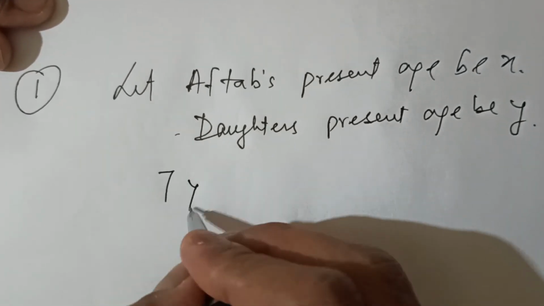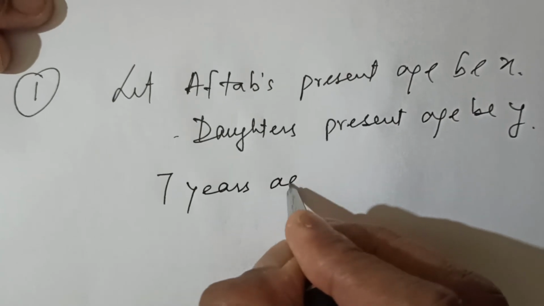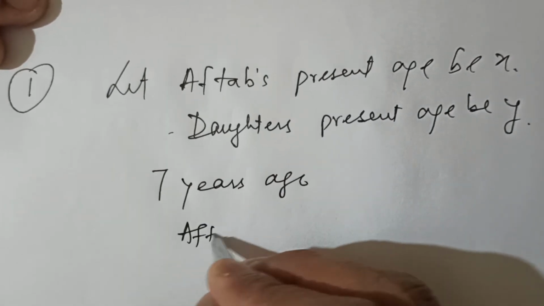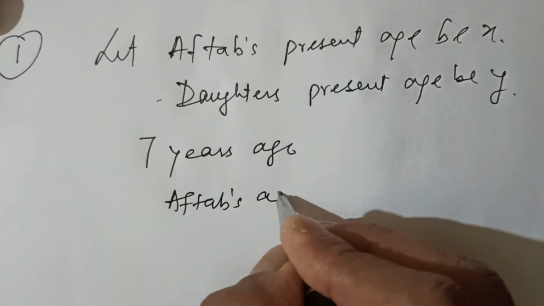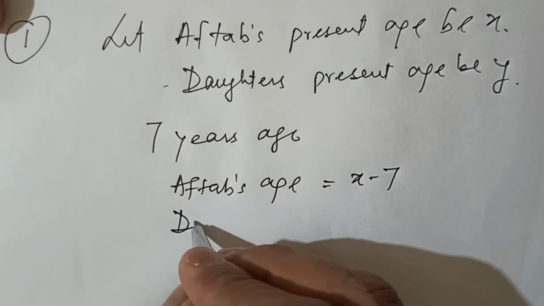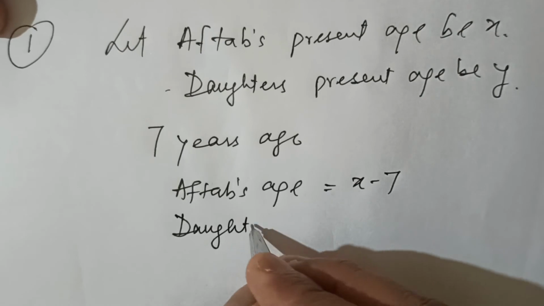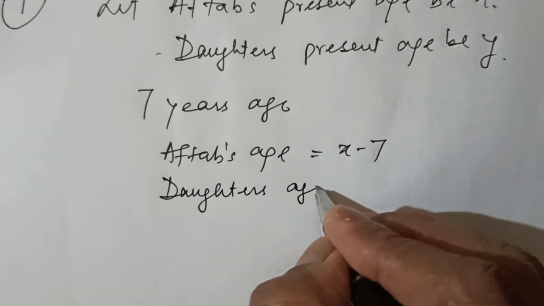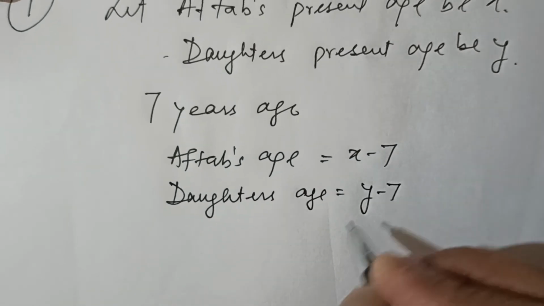Then what happens 7 years ago? Aftab's age will be x minus 7 and daughter's age will be y minus 7.